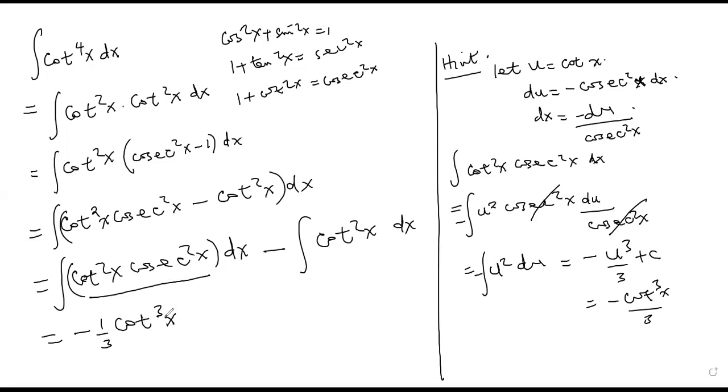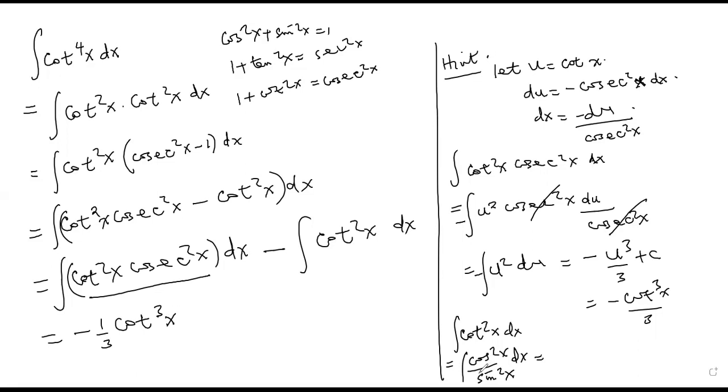Very interesting. Then when you integrate cot squared, we can also briefly rewrite. Of course, you know that cot squared is the same as cos squared x over sine squared x dx.